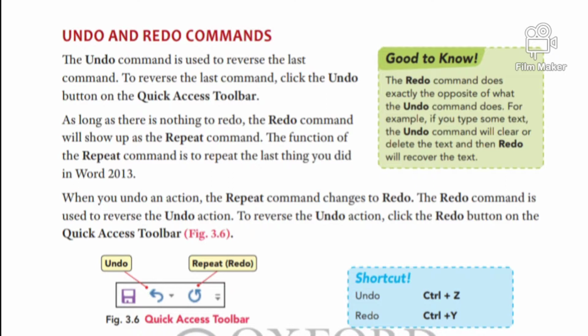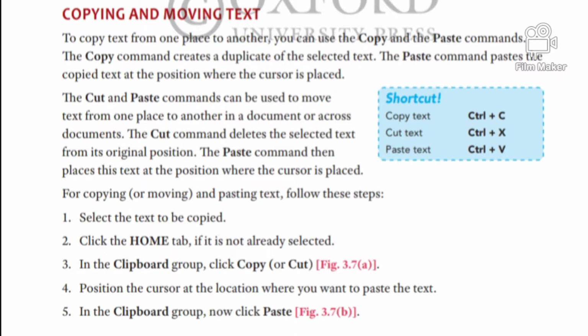Let's move further. So the next topic is copying and moving text. To copy text from one place to another, you can use the copy and paste command. If you want to copy or paste the text, what do you have to do? You have to use the copy and paste command. Okay, the copy command creates a duplicate of the selected text.